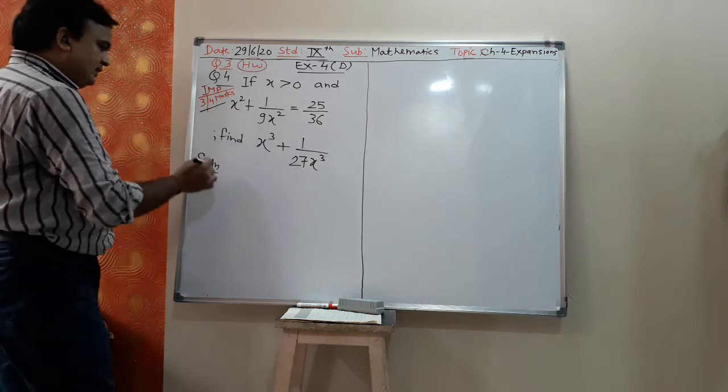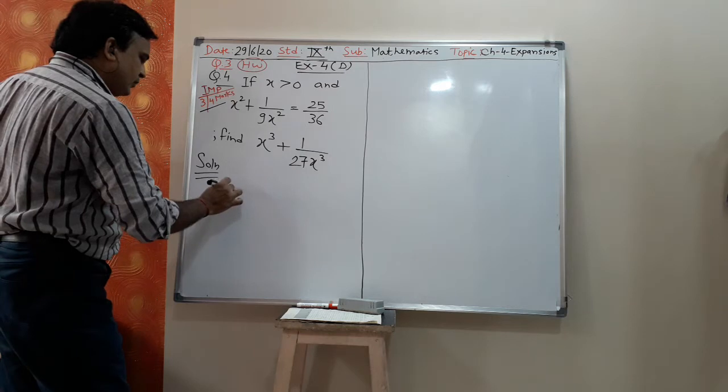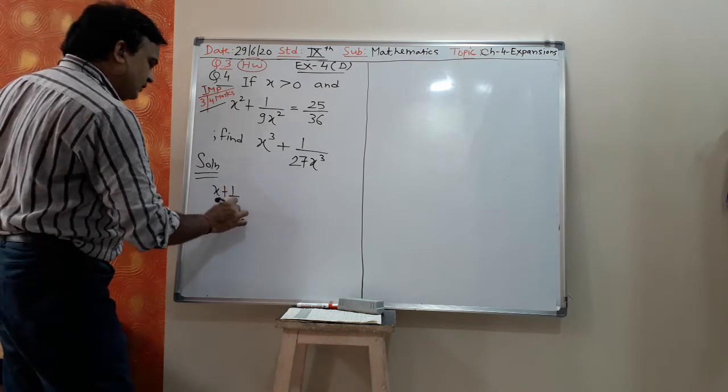So let us find x plus 1 upon 3x whole square.